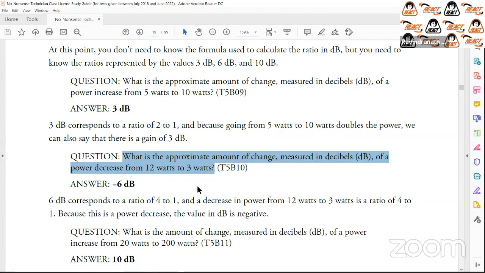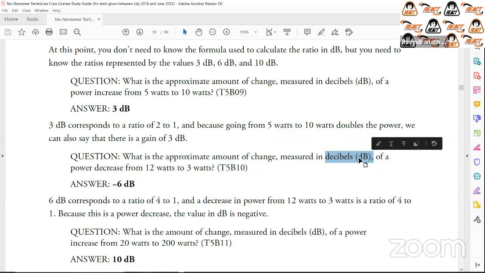What is the approximate amount of change measured in decibels of a power decrease from 12 watts to 3 watts? So in the question, they want to know the decibels. Power decrease: once you see decrease, you know the answer has to be negative or minus.